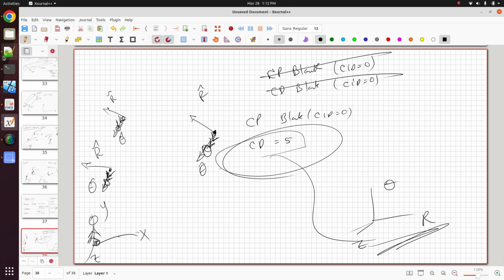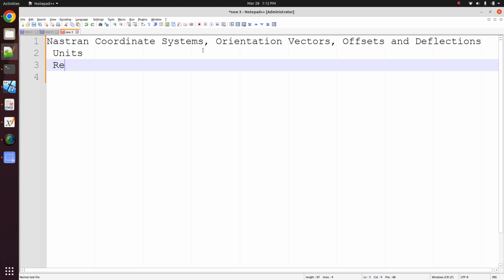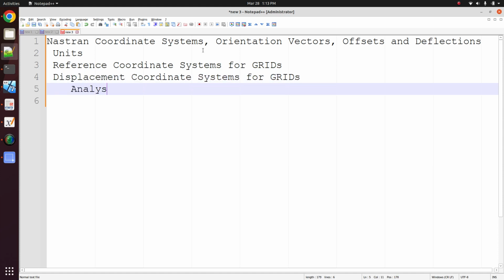Okay, then let's see. So we went over Nastran coordinate systems. We went over the units. We went over a reference coordinate system for grids. We did the same for displacement. Sometimes you'll hear this referred to as the analysis coordinate system.